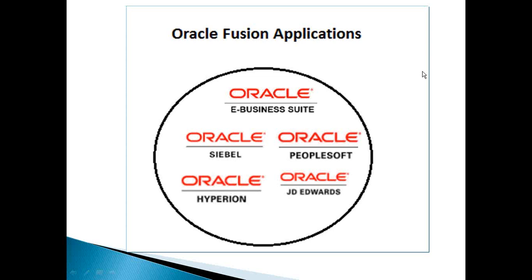You don't need to take licensing for each and every product or area. If you take a license for Fusion Applications, you don't need to take separate licenses. These are all inbuilt within Fusion Applications. That's how it's better than all existing ERPs.